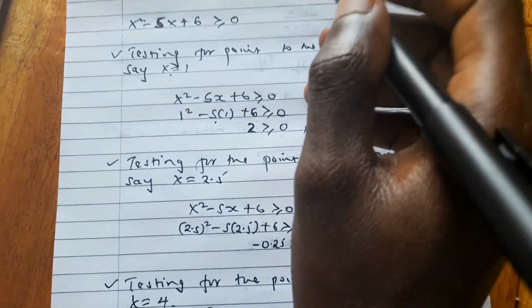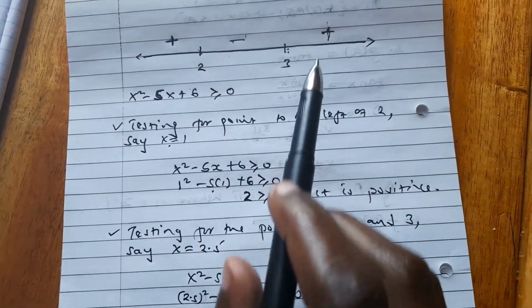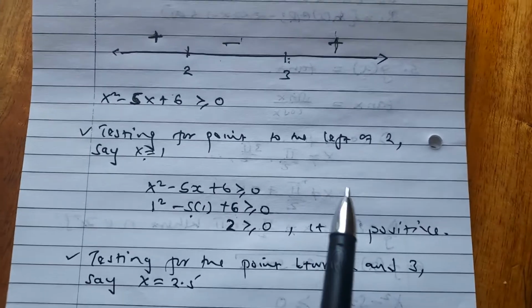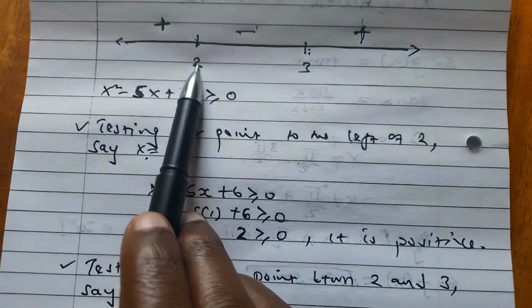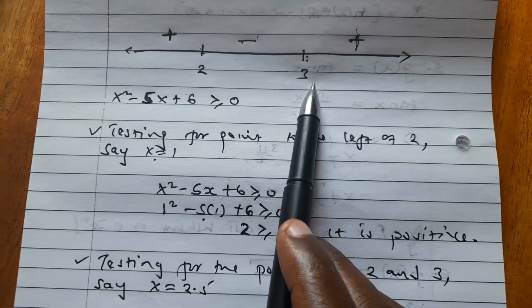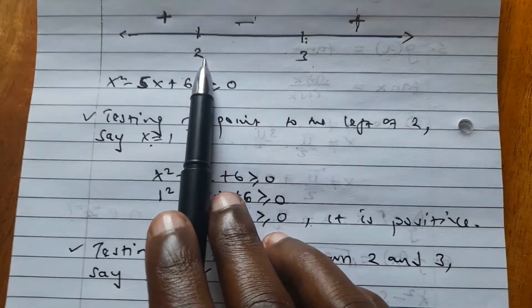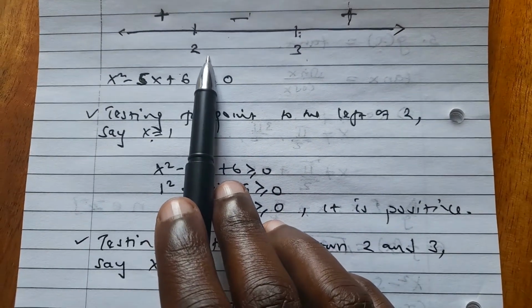And now I know which part should be excluded from the domain. The only points that we are not testing are 2 and 3, because we know when we test for these points, for sure, they'll give us a 0.